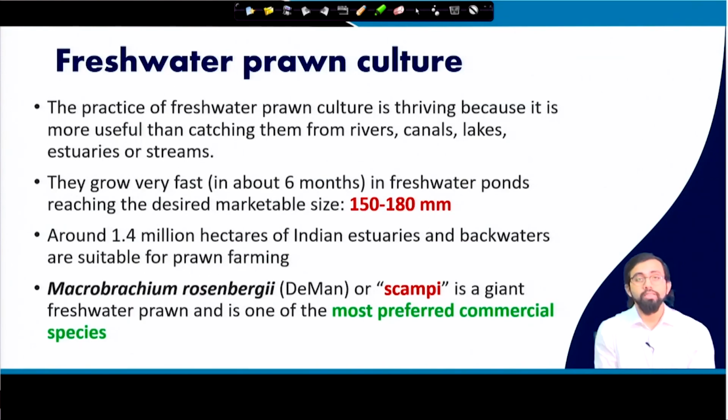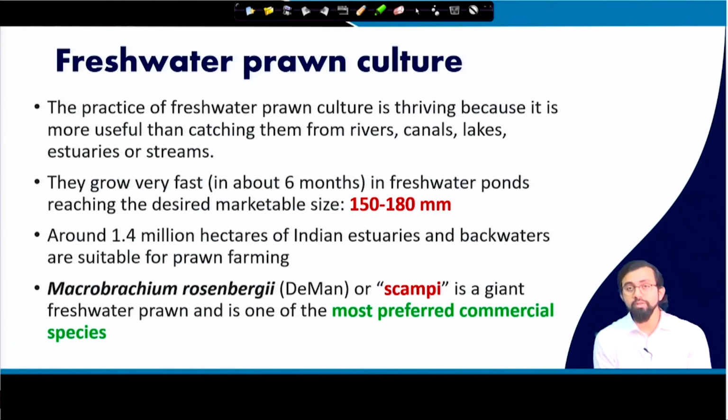The practice of freshwater prawn culture is thriving because it is more useful than catching them from rivers, canals, lakes, estuaries, or streams, since nowadays the natural resources have started depleting. Because of that, freshwater prawn culture is becoming a very big industry all over the world. It grows very fast.